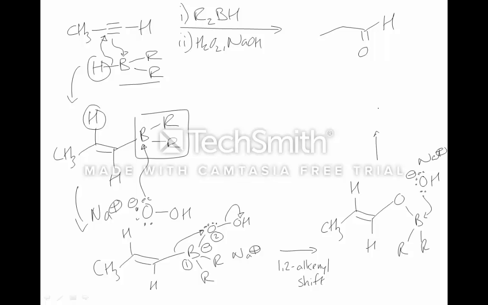What happens here? This is where we're going to kind of stop the mechanism, so to speak. We're going to abbreviate what happens here because instead of an OH bond, we have an OB bond. Okay? We can go through this in class. We can talk about it as much as you want.